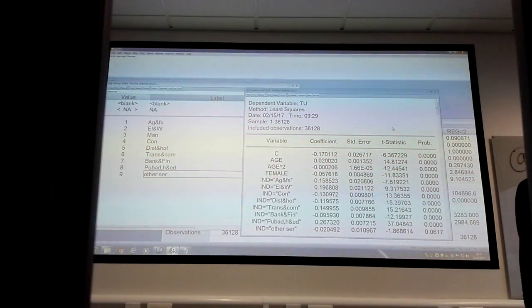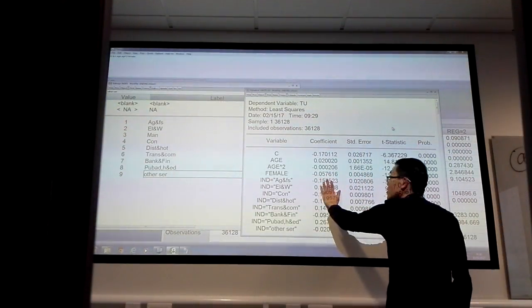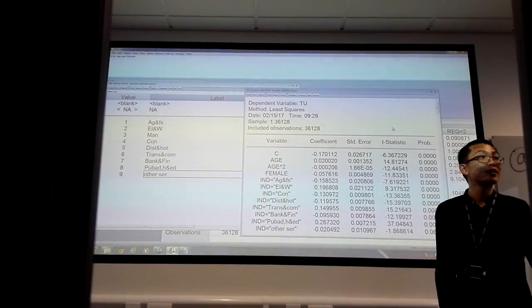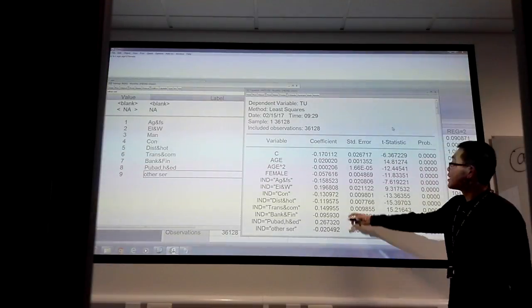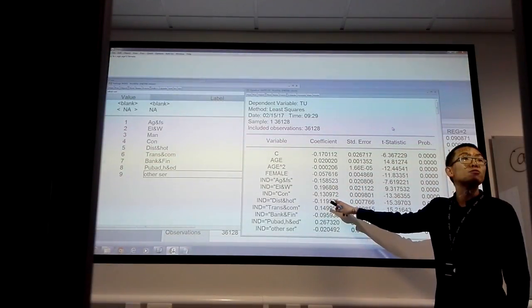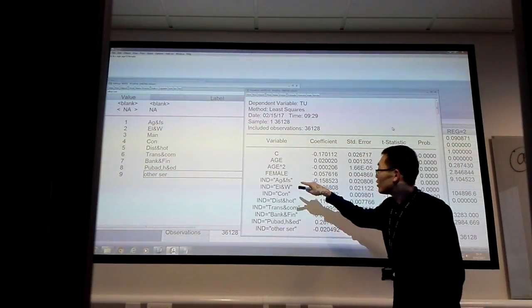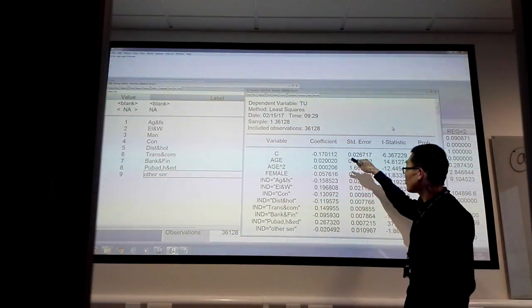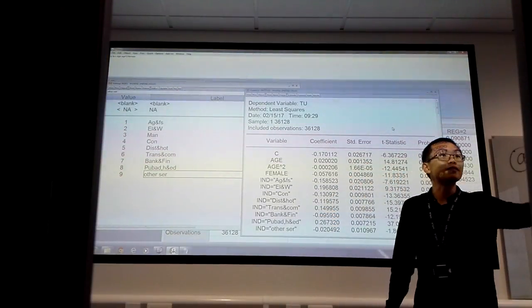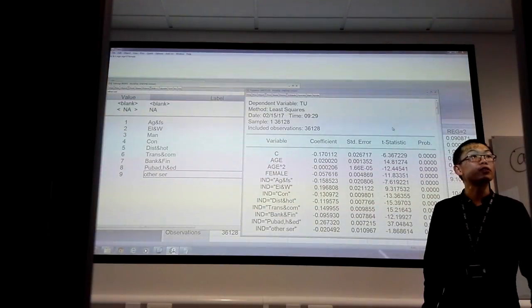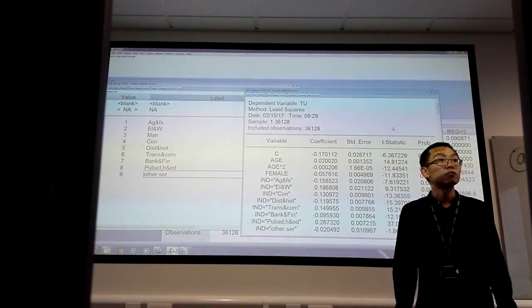So the interpretation of the coefficient for all the other subcategory dummies would be the marginal increment of the likelihood of deciding to participate in the labor union, relative to the reference category. In this case, it's the individual who is coming from the manufacturing sector.